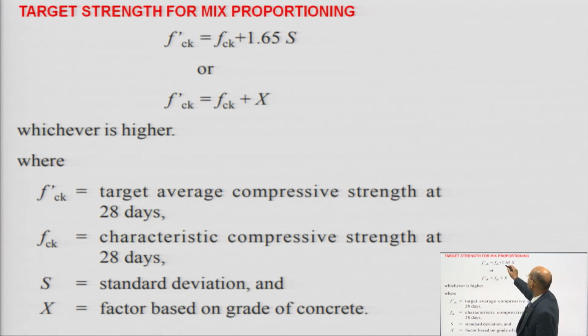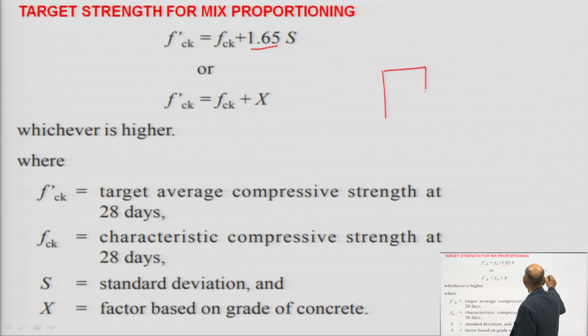This is the statistical constant. In India our value is for the 95% confidence limit, because only 5% of the material may fall below the characteristic strength. And fck here in the Indian standard is based on cube strength.